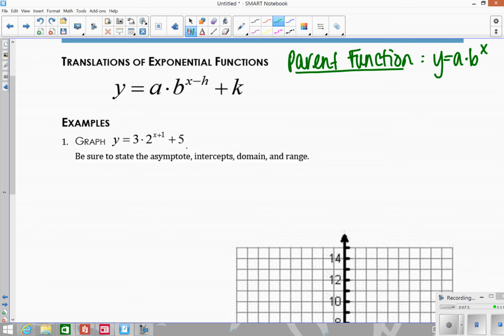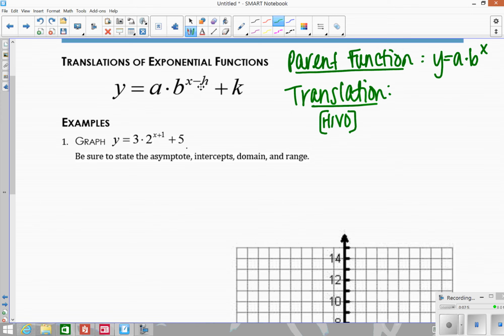But then the translation part of this, back from last unit, if you think about your HIVO, if it's on the inside, it's going to be a horizontal. So this h is on the inside, so that tells me it's going to be a horizontal movement. So h is going to be your horizontal, but you're going to do the opposite.